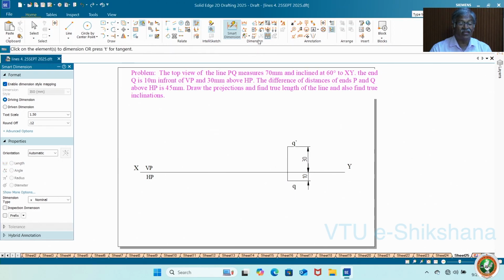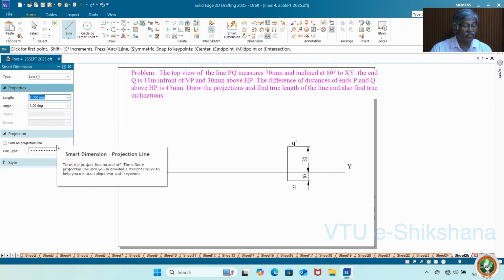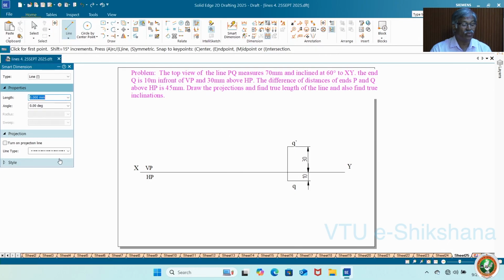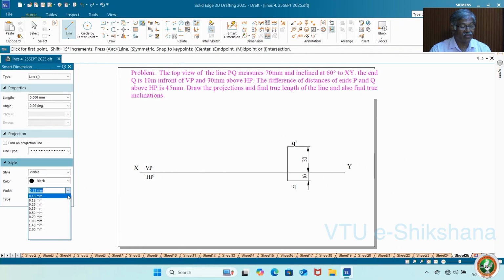Now fix the top view. Since he has given 60 degrees to the XY line and measure 70 mm. See, here is 70 mm. Directly draw the top view, because he has given the final length and inclination.